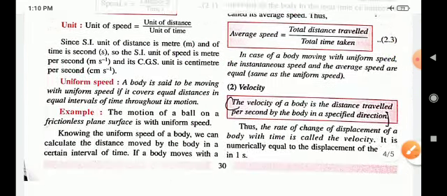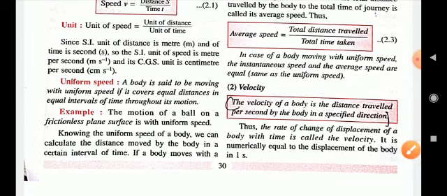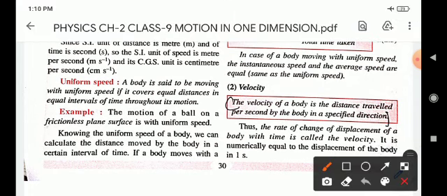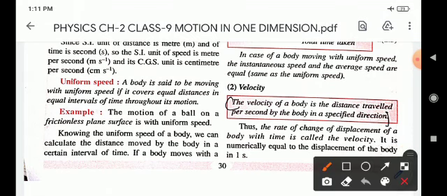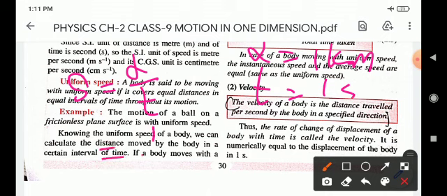Okay children, uniform speed. What is the meaning of uniform speed? A body is said to be moving with uniform speed if it covers equal distance in equal intervals of time through its motion. For example, speed equals distance upon time. If distance is 1 kilometer and time is 1 second, that is 1 upon 1, that is 1 kilometer per second.